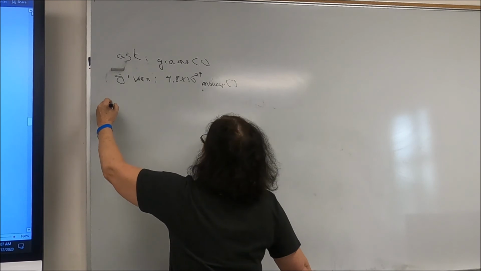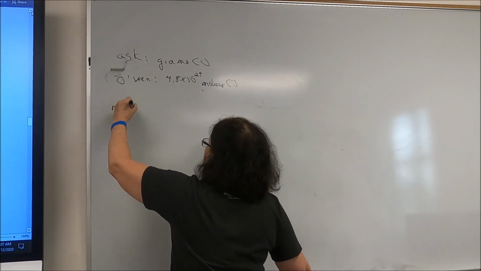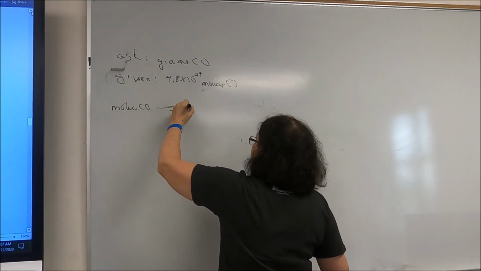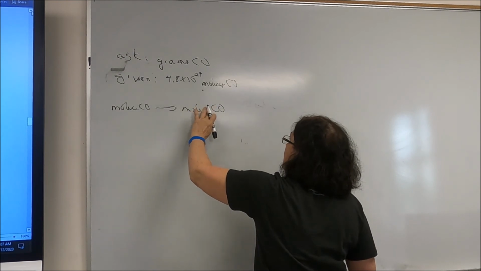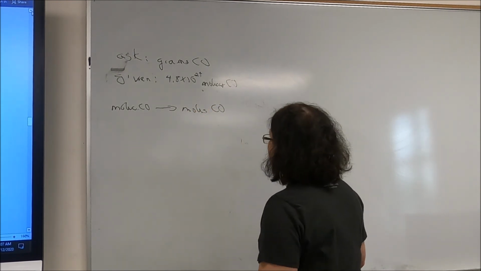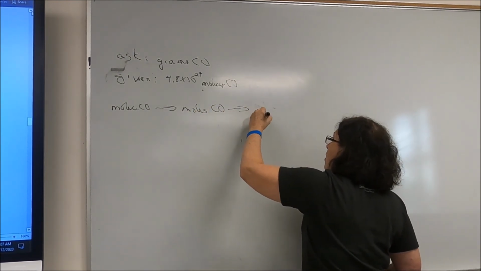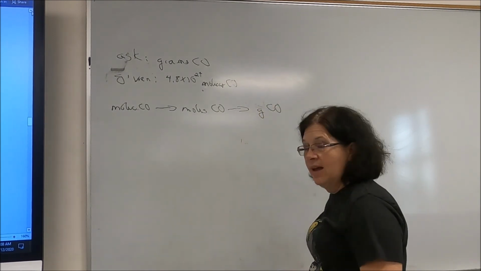Okay, so I'm going to be starting out with molecules of carbon monoxide. I know the first place that I have to go is moles of carbon monoxide, and then I can go to grams of carbon monoxide.